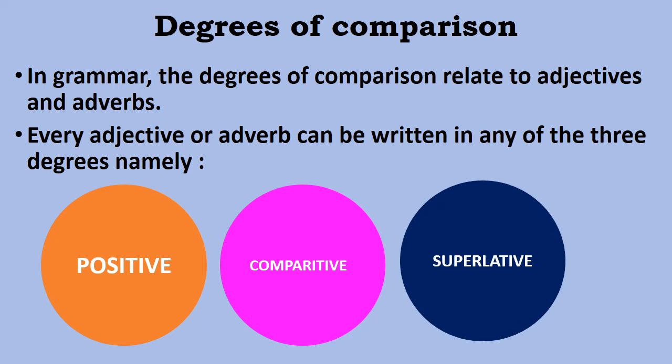If you want to know more about how to form a particular adjective in a particular degree, or what is the structure of a sentence in positive, comparative or superlative degree, you can refer to my earlier video. Now, without wasting time, we straight away move to transformation.